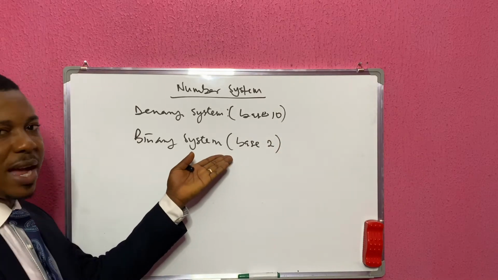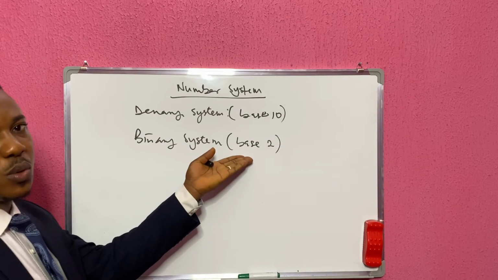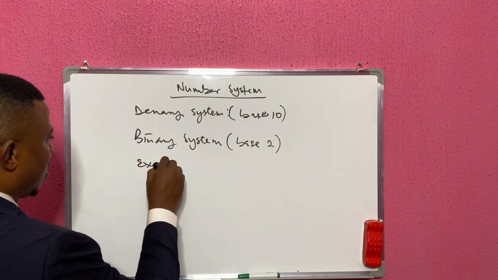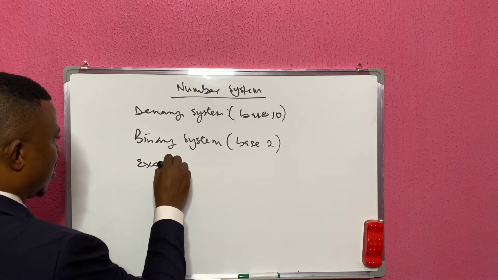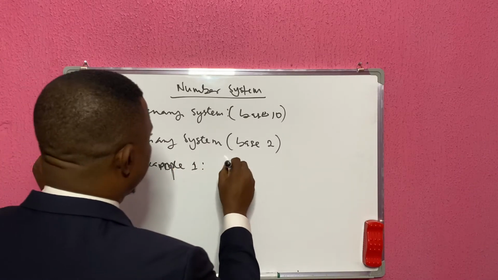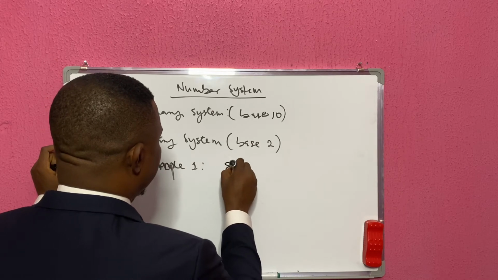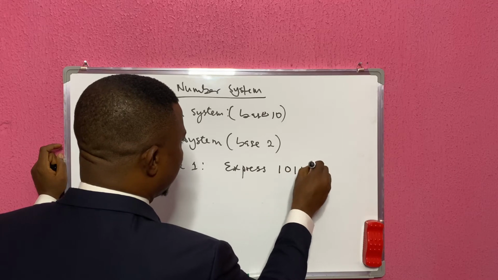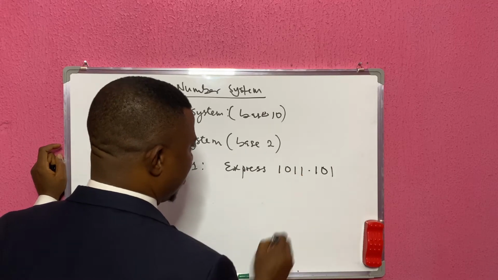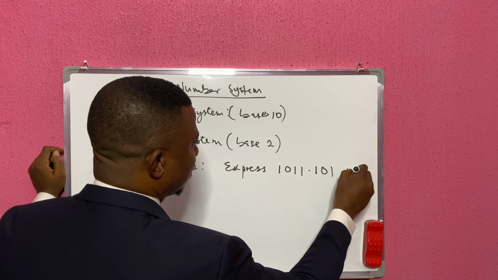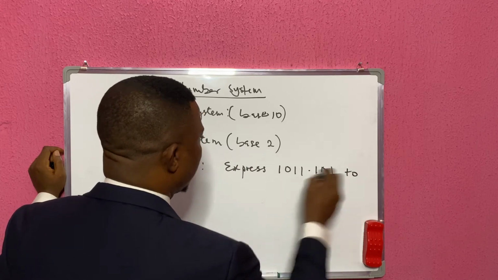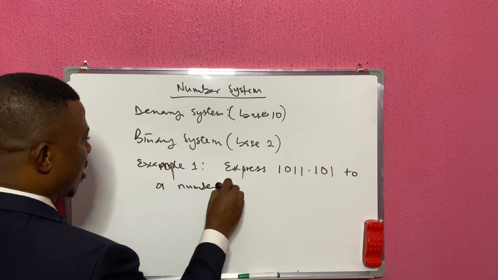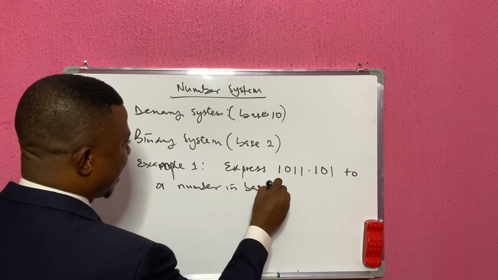Let's look at how we can convert numbers in base 2 to base 10. Example 1. Express 1011.101 to a number in base 10.